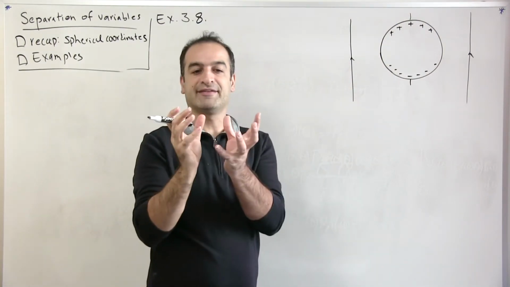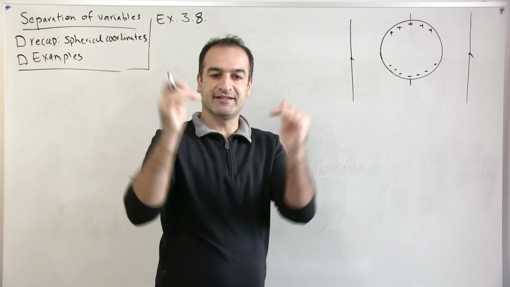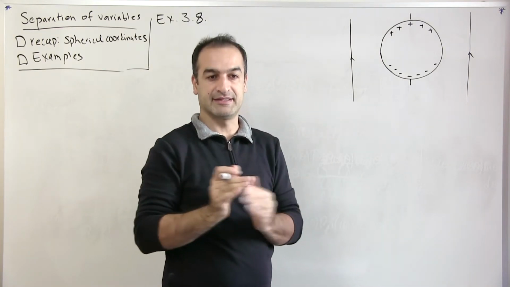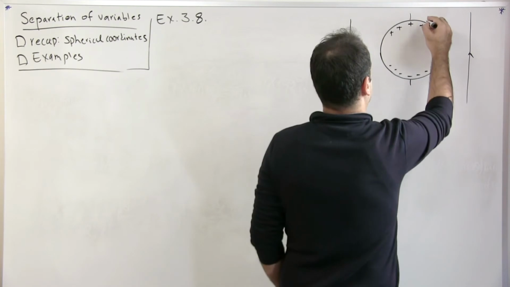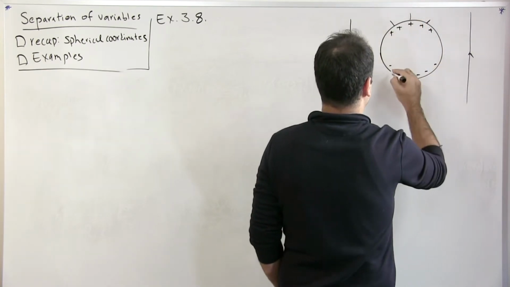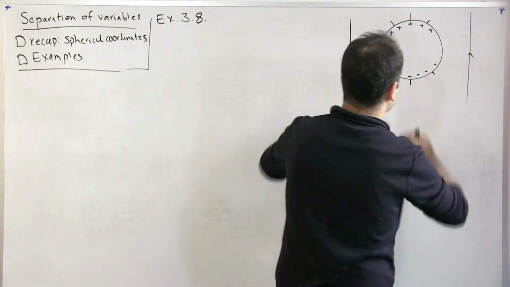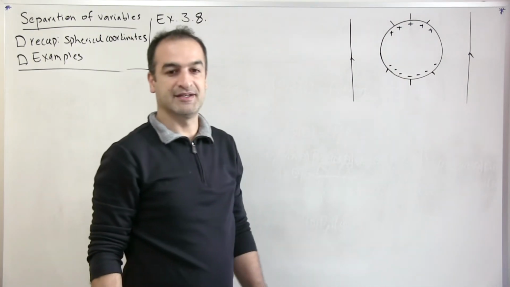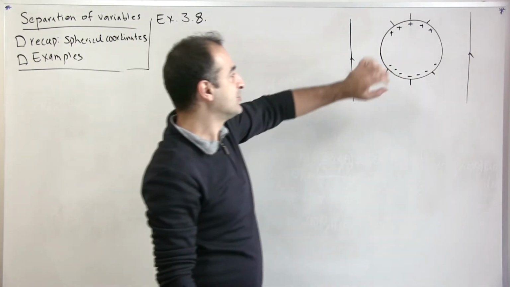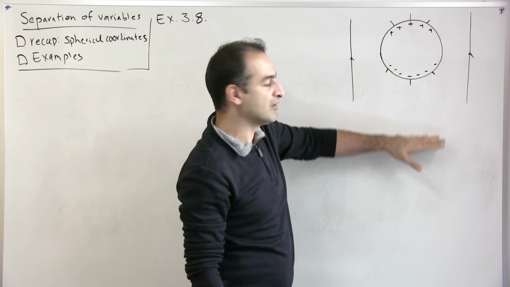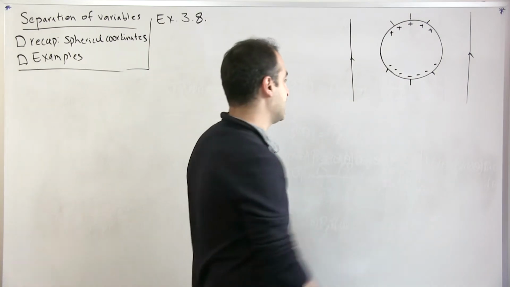Because you have a conductor. Always on a conductor, the field lines are perpendicular to the surface. So very close to the surface, they are perpendicular. As you go away from the surface, what happens? As you go away from the sphere, it's going to be more like the uniform field that we have, right?